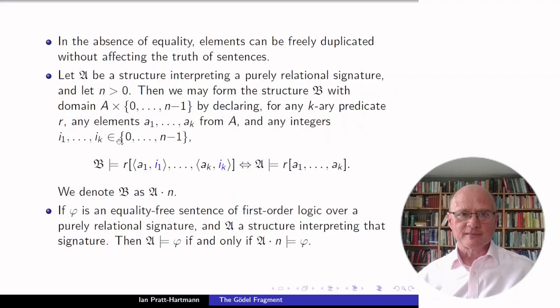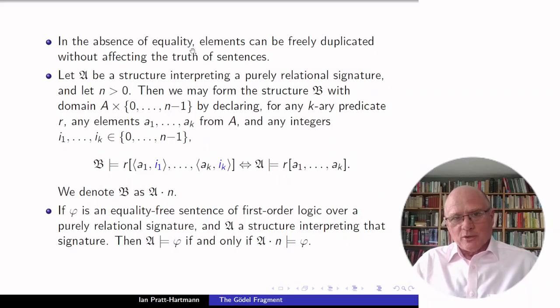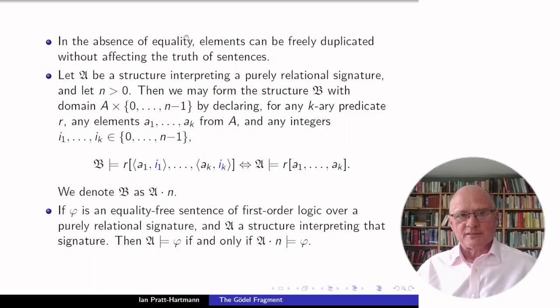Okay, so next idea. In the absence of equality, elements can be freely duplicated. And this will be a handy trick in the proof that follows. So here's what I mean more precisely. Let A be any structure, and let n be a positive integer.